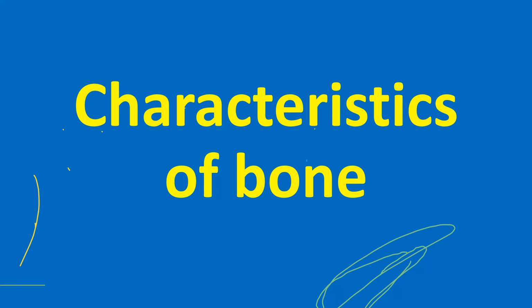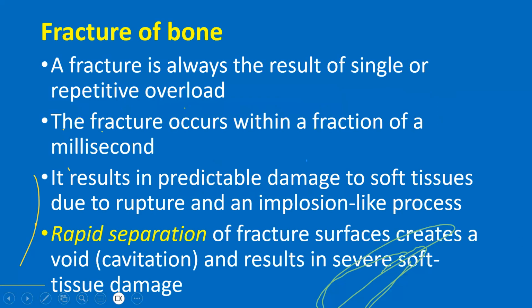What are the characteristics of bone? Now we're coming into biomechanics. A fracture is always the result of single or repetitive overload. The fracture occurs within a fraction of milliseconds.